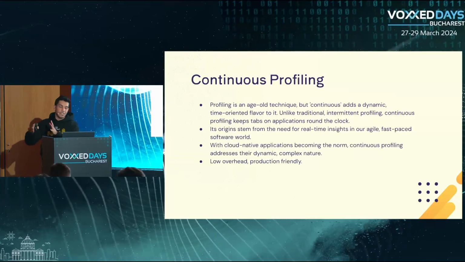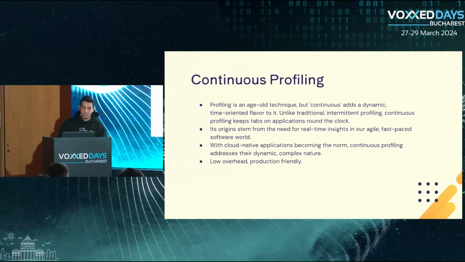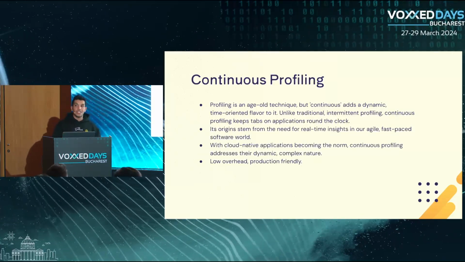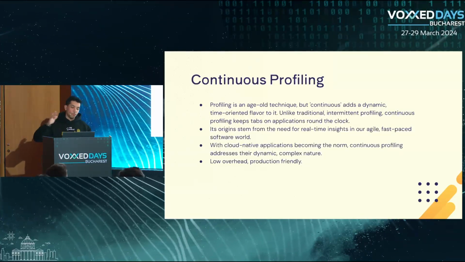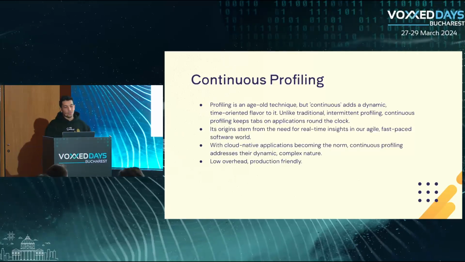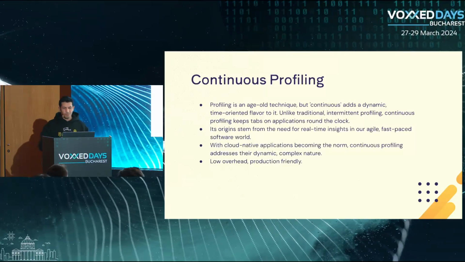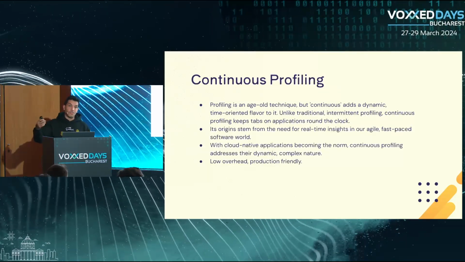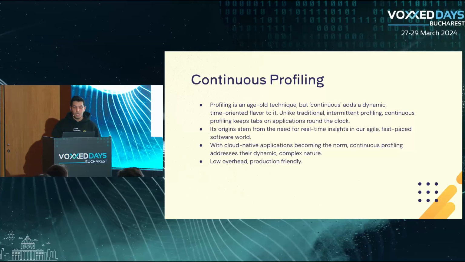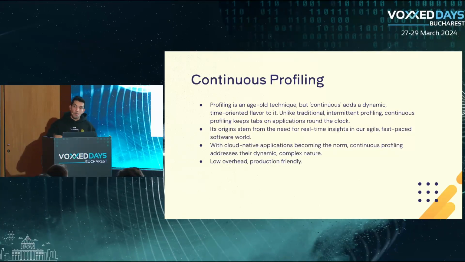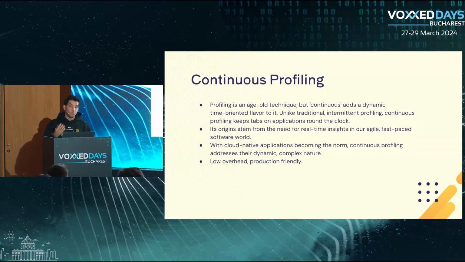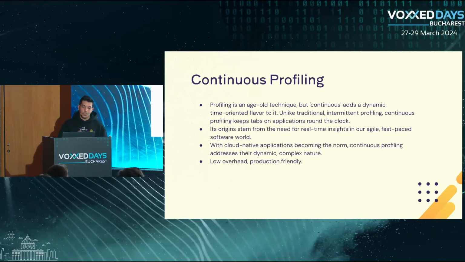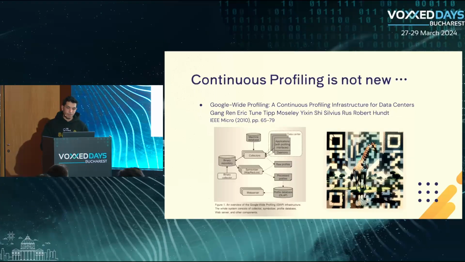It has a low overhead, and that's why it's more production friendly. Generally, it's 1 to 2% overhead. They're headless. They run on your production environment and send data to your system, and they're getting more and more popular, especially in the world of cloud native and microservices.